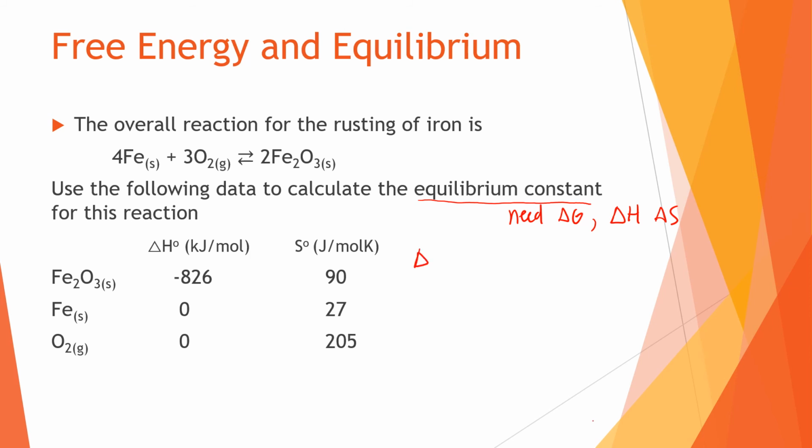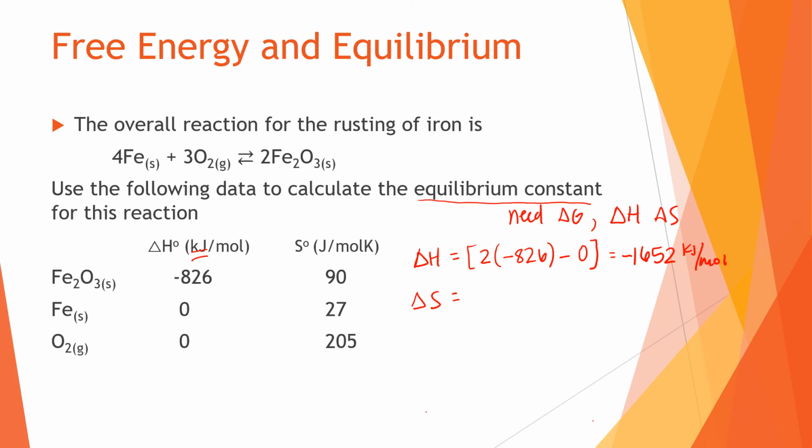I'm going to start with delta H. Products minus reactants. So 2 times negative 826 minus, both of my reactants are 0. So I get negative 1652 kilojoules per mole. Got to pay attention to our units.